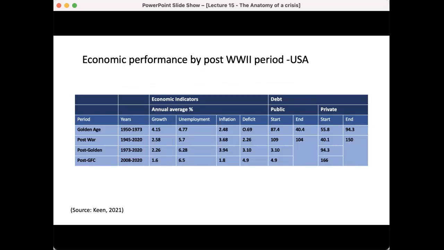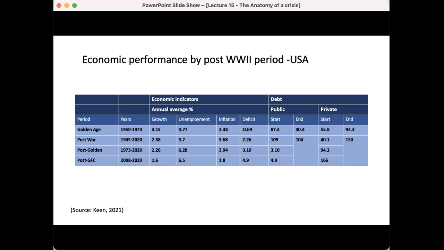Debt levels, public and private, in the golden age start at 87.4% of GDP and decline to 40.4% of GDP. Private sector debt, however, on the other hand, grows from 55.8% to 94.3% by 1973.